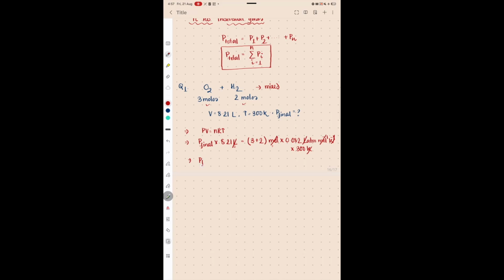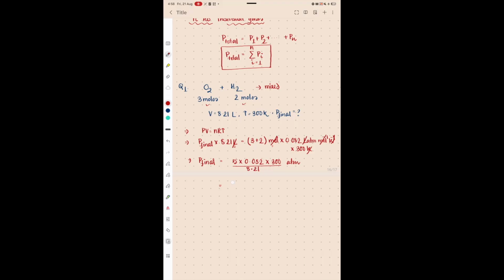So P final is how much? 5 into 0.082 into 300, that is atm, divided by 8.21, right? Now we can solve this.